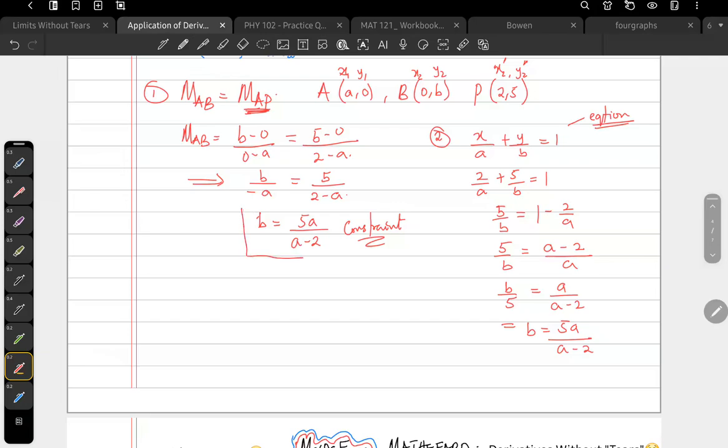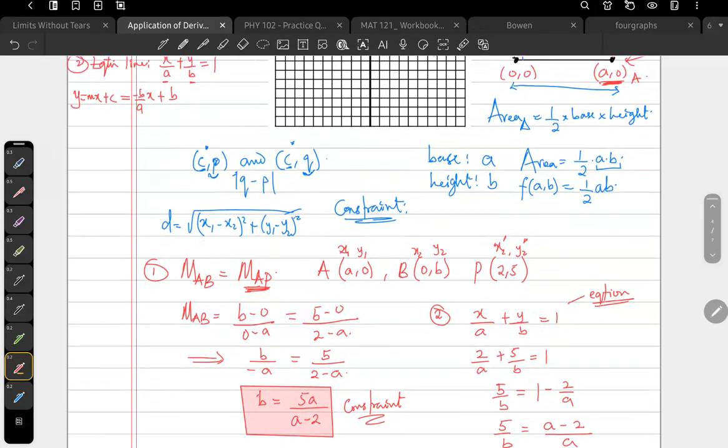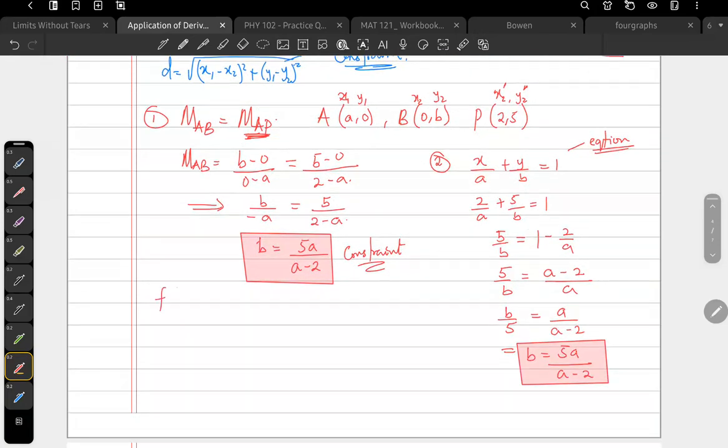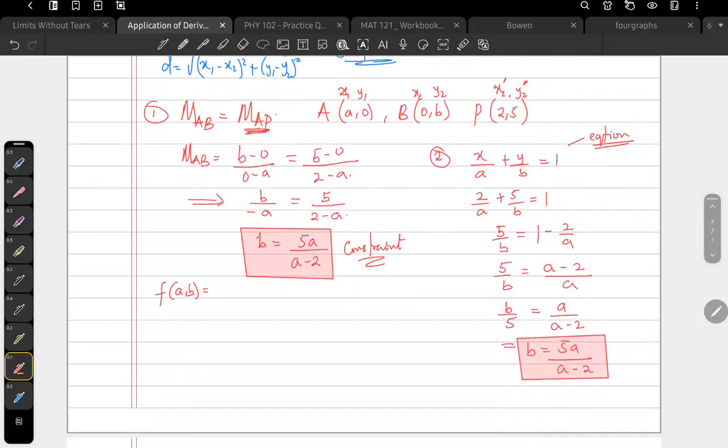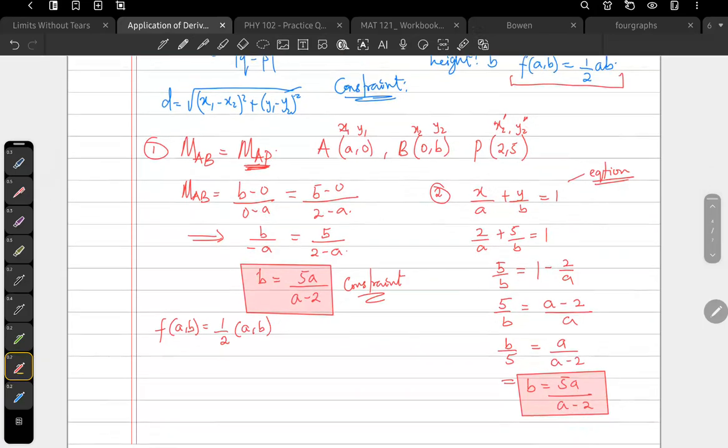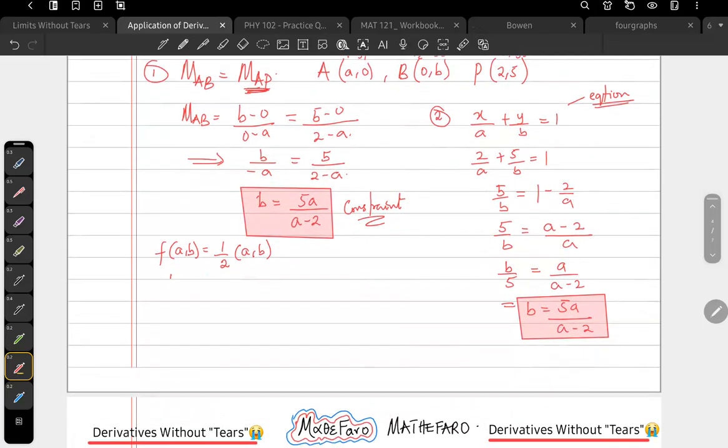All right, so we have seen how to get the constraint equation both ways, which means our equation, which was initially a function of two variables, 1 over 2 times a times b, can be made a function of a single variable.